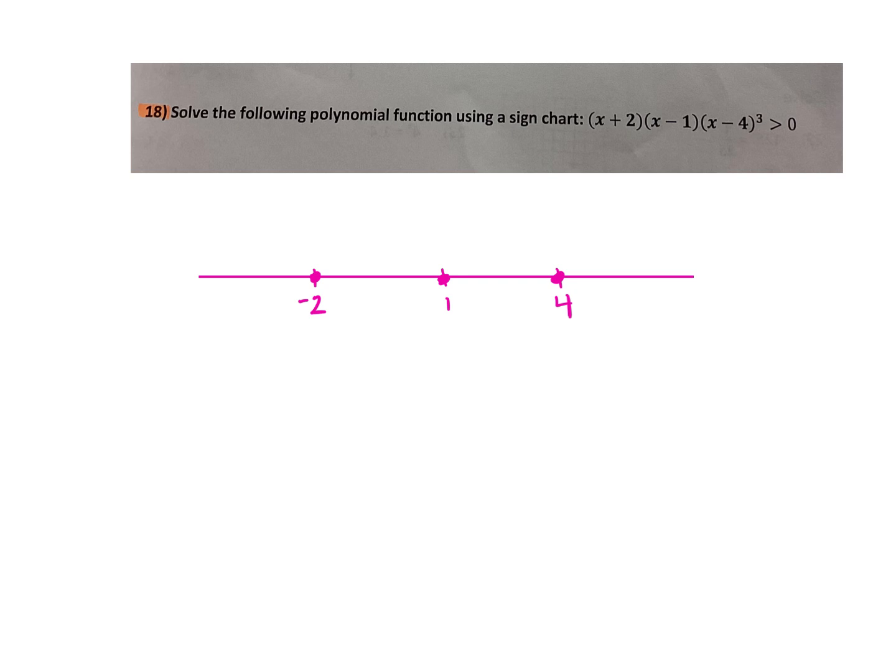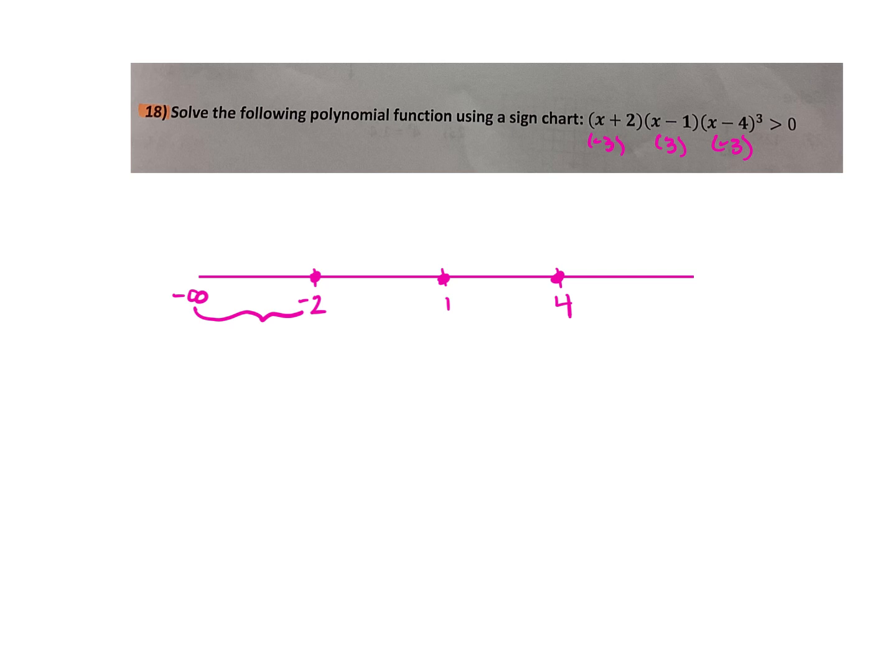And the easiest way to do that is to do a test value. So if I want to know what's happening, say, from negative infinity to negative 2, this piece right here, I'm going to pick a number between negative infinity and negative 2. How about negative 3? So what I would do is replace x with negative 3 in each place where x shows up. And I don't care what the number I actually get out is. I only care about the sign.